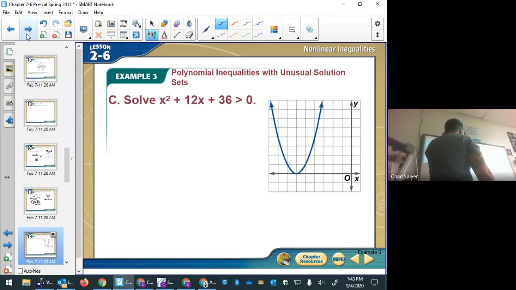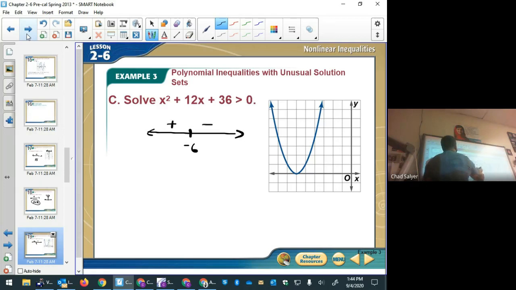Okay, new one now. Here's the graph for it. Notice it has one intercept at x equals -6. Where is this greater than 0? It's everywhere except for the 0. So everywhere else, in other words, it'll be like this.